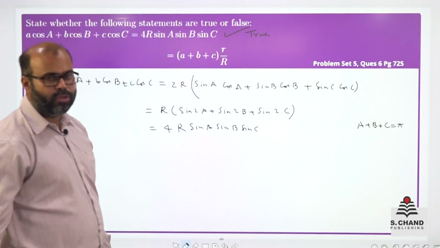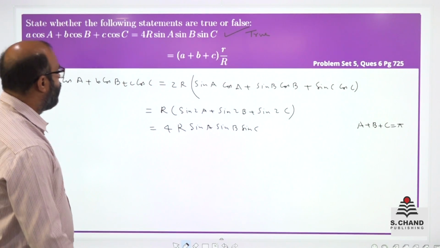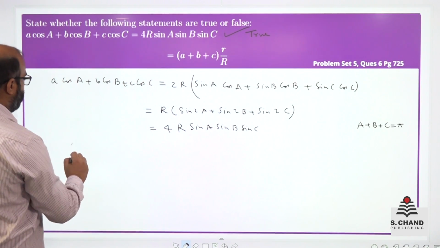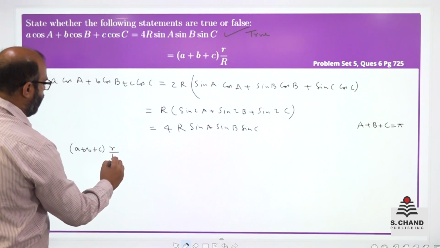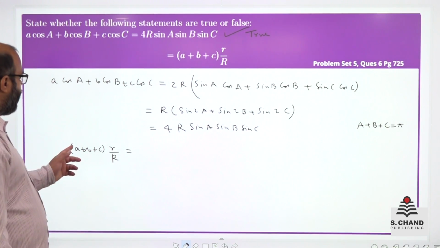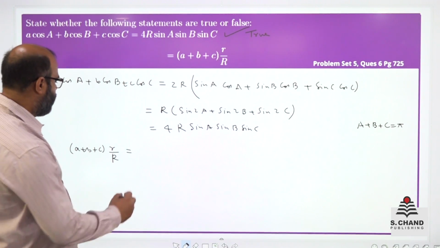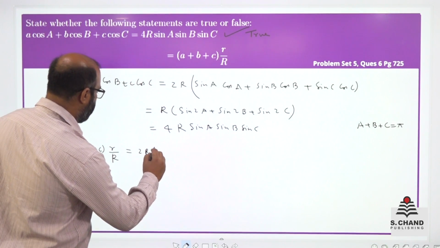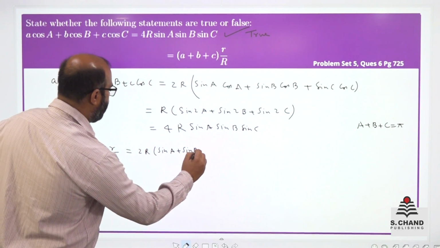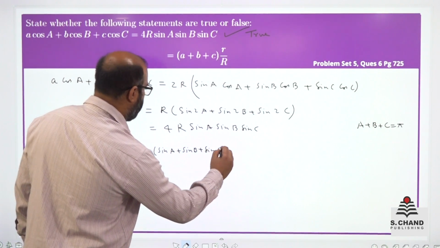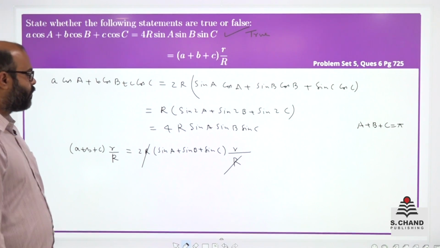Another statement is also there which will decide whether the whole statement is true or not. So let us see a plus b plus c, small r by capital R. Again, a can be written as a by sin A is equal to 2R, that is 2R sin A. So I am taking 2R common, sin A plus sin B plus sin C into r upon R. Now this R and this R will cancel.